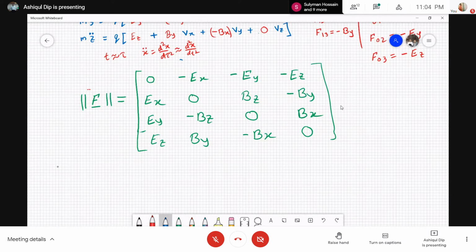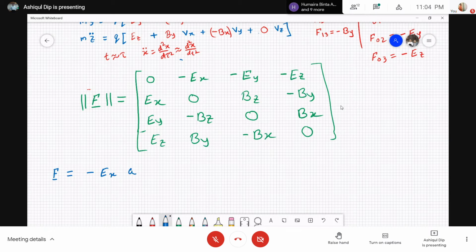So our tensor f is: 0 times omega 0 omega 0, so that's nothing. Then minus Ex. What should be the basis with it? Omega 0 times omega 1. Yes.